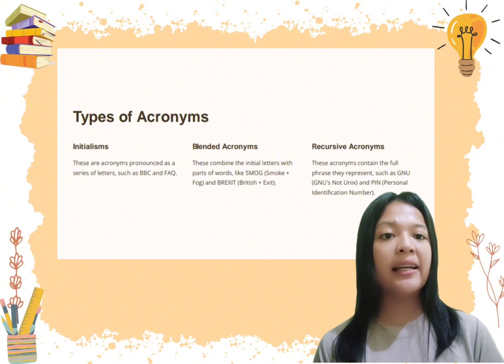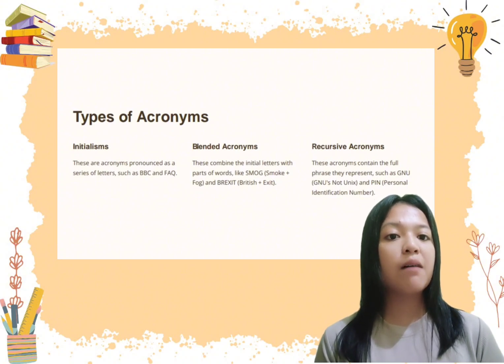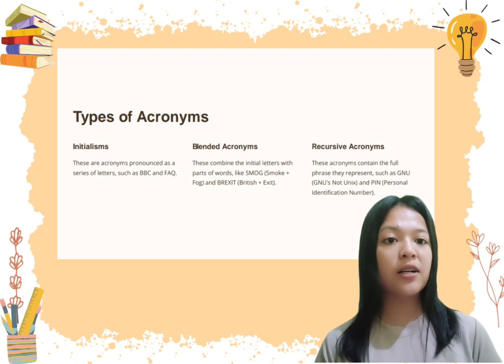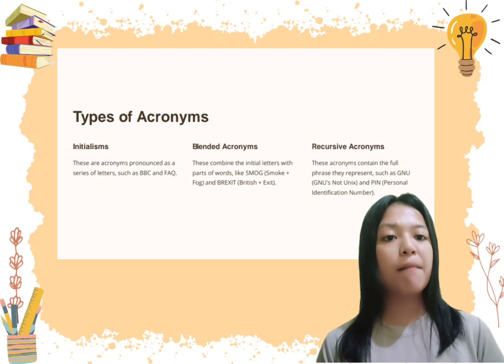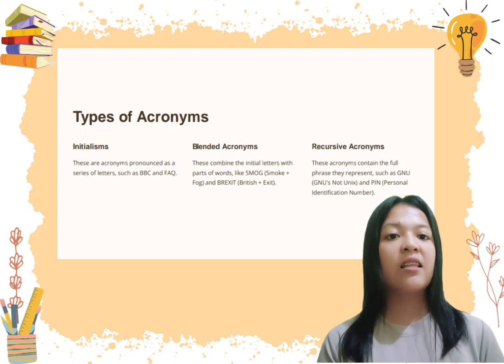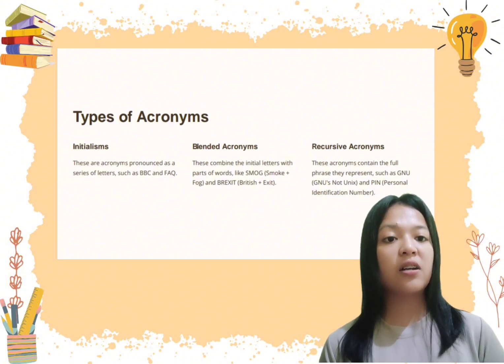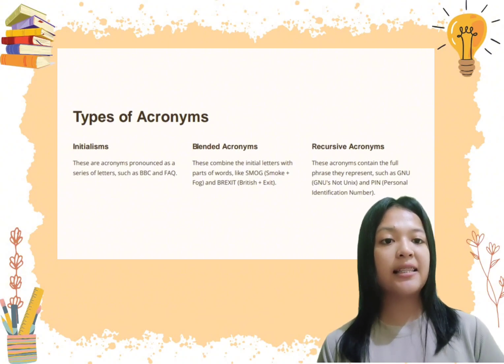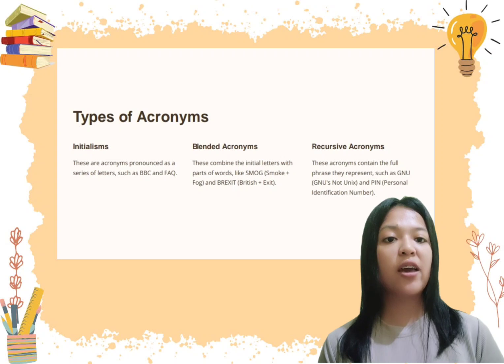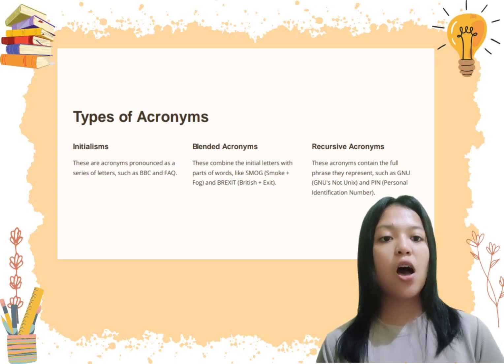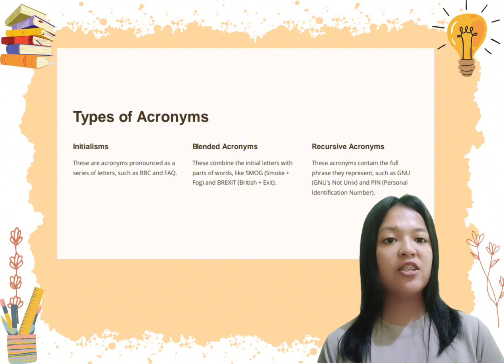These combine the initial letters with parts of words, like smog, which comes from smoke and fog, or Brexit, which combines British and exit. Three, recursive acronyms. These include the phrase they represent, such as GNU, which stands for GNU's Not Unix, or PIN, which stands for Personal Identification Number.